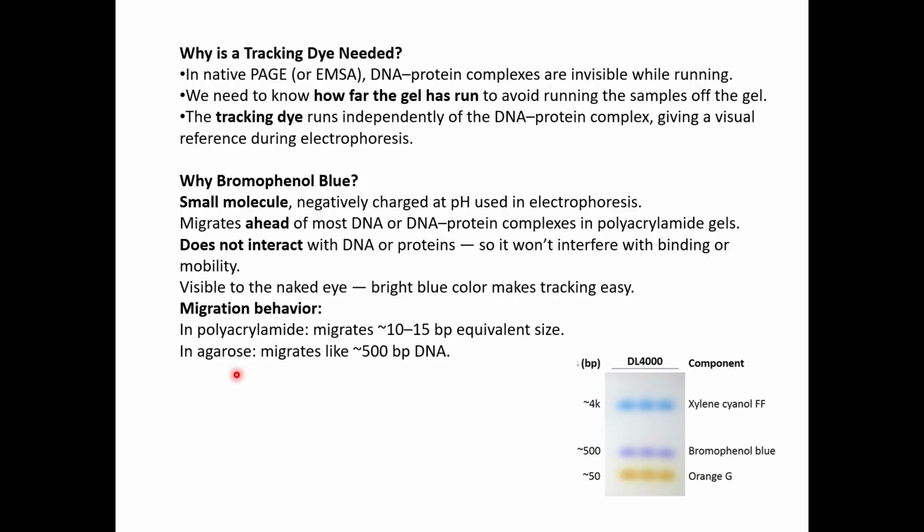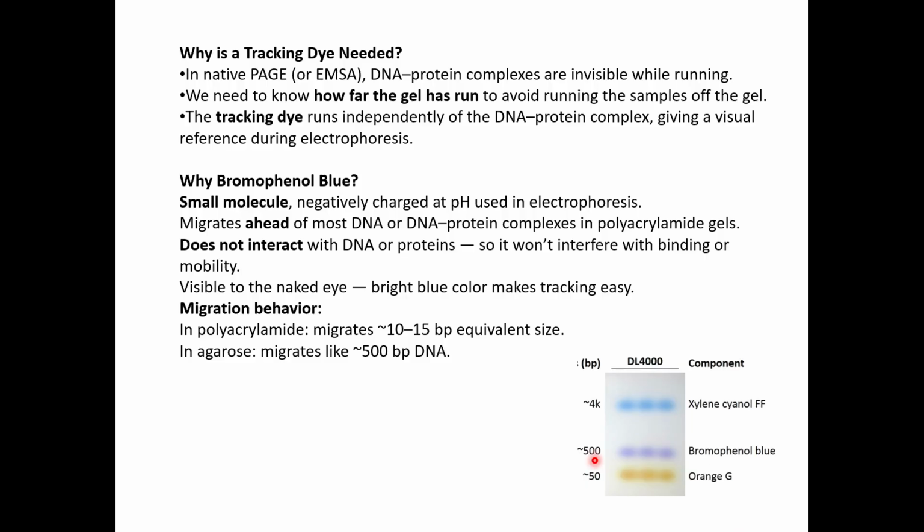So depending on the type of gel you're using, and also the percentage of gel you're using, it will run faster or slower. But it is relative to however your protein or DNA is also running. So you can easily make use of this to know where your particular protein is still present in the gel so that you can further process it.